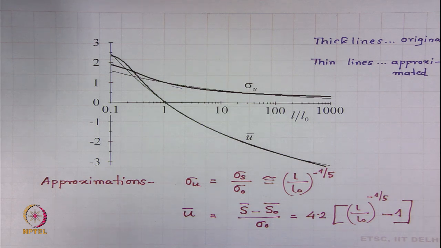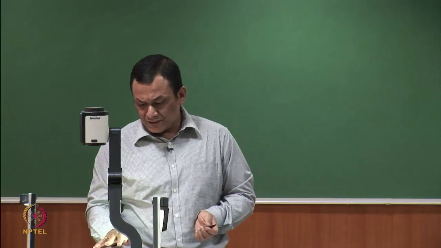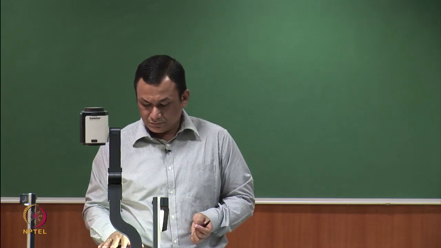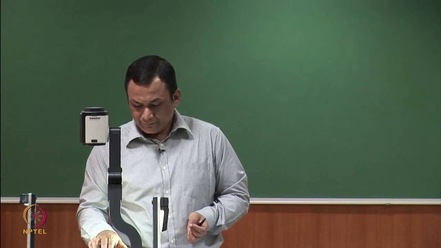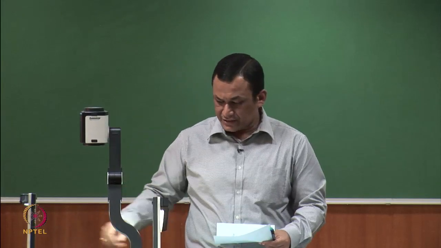This is how Peirce approximated all these original values. You can see that these approximations are quite good, so we rewrite Peirce strength length relations.